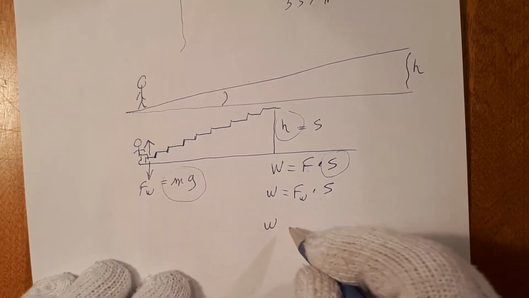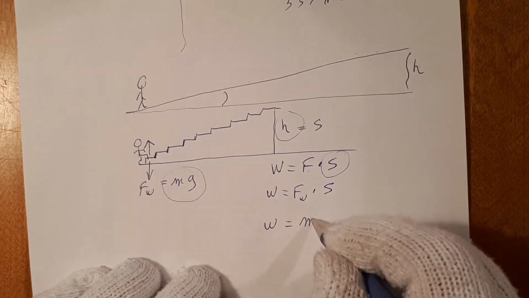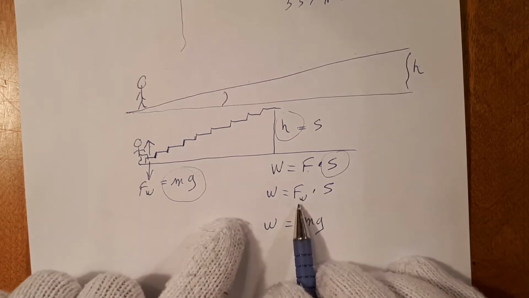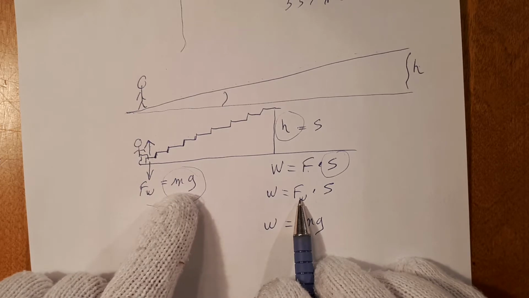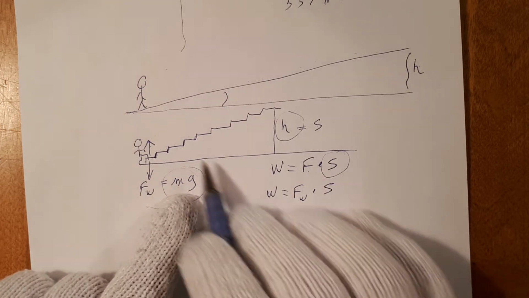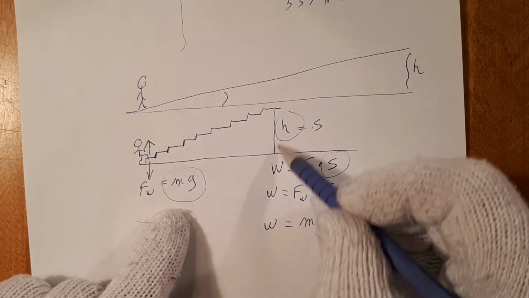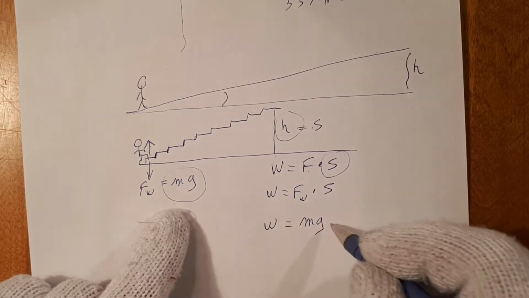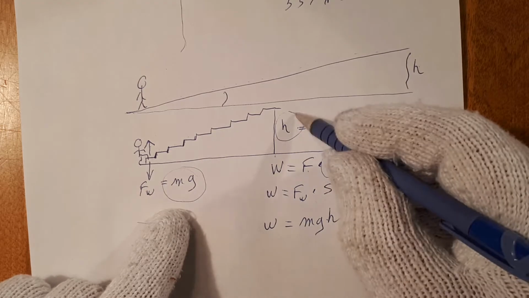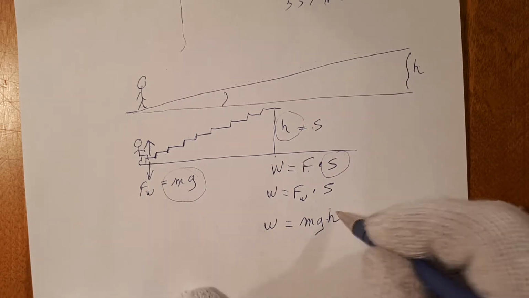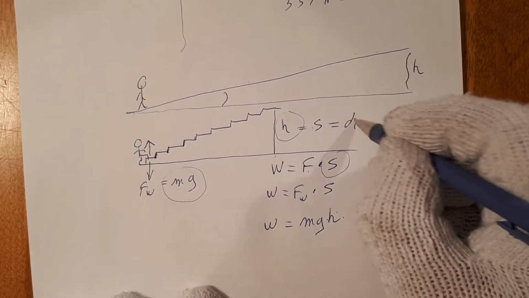So the work being done is equal to mg, just representing his weight, times the height that he needs to travel every little step. Well, we're looking for this one here at the very end, so we'll represent that with the letter H for the final distance needs to travel. This is both distance and height, that's equal to distance.